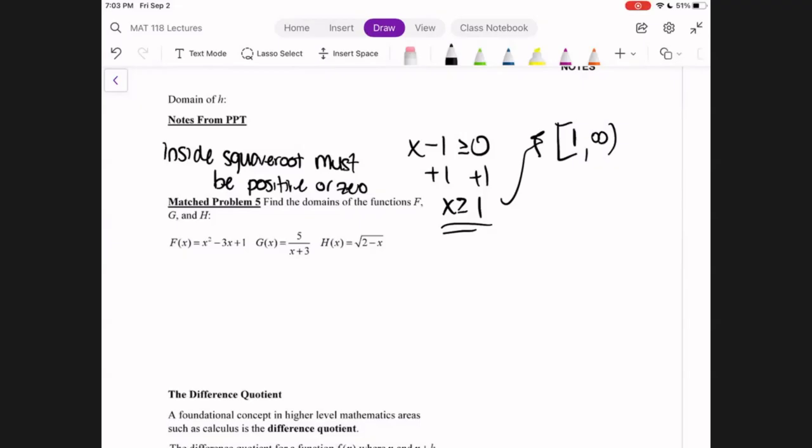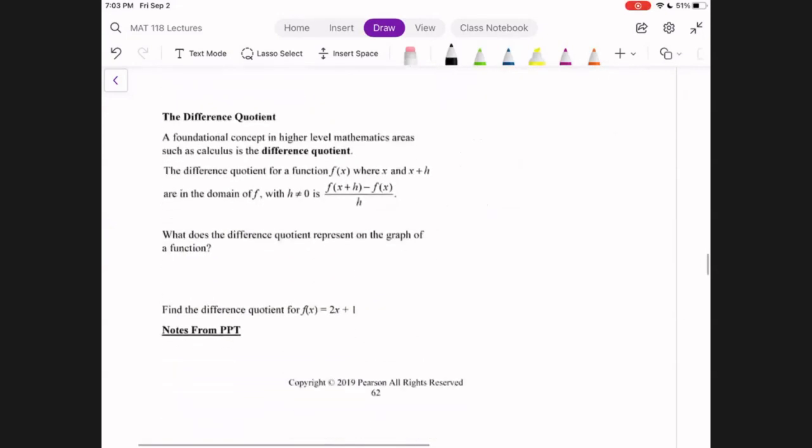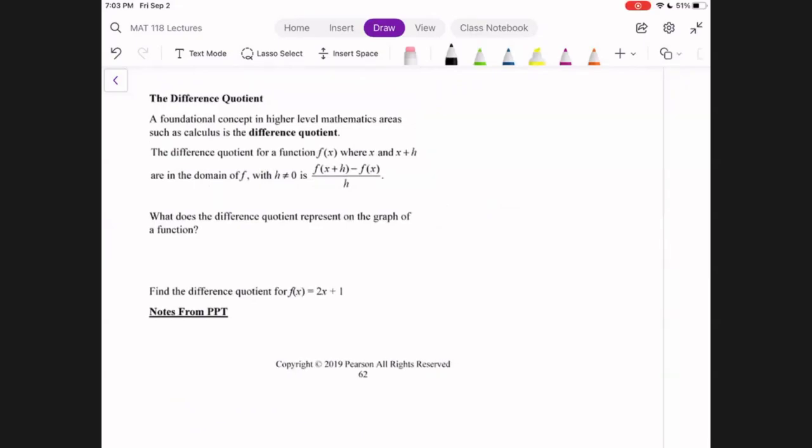So you can practice with match problem 5. So some of the harder stuff here is the difference quotient, which a lot of people freak out about, and it's understandable. So one thing to note is what the difference quotient represents is the slope at x on the graph of f of x.